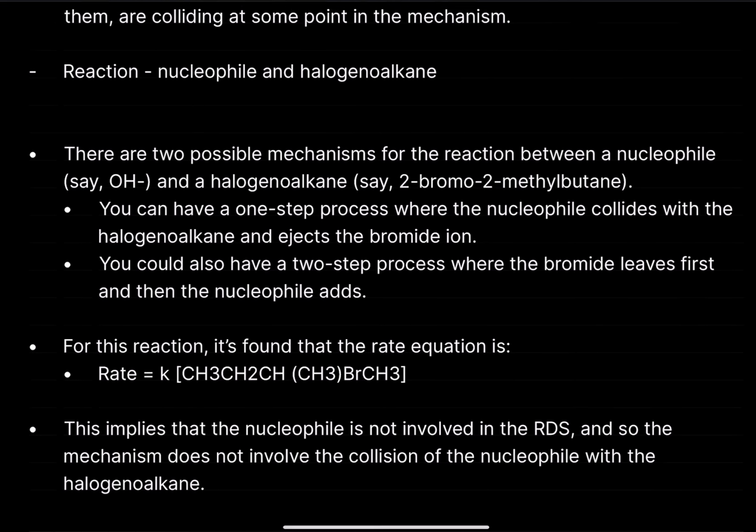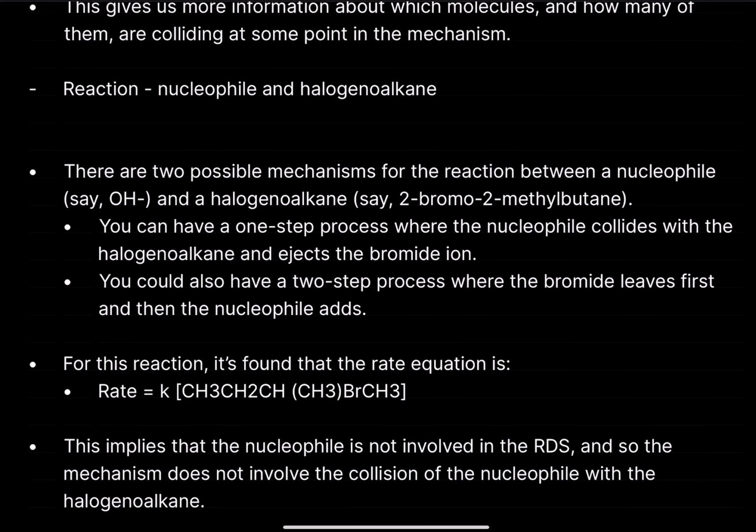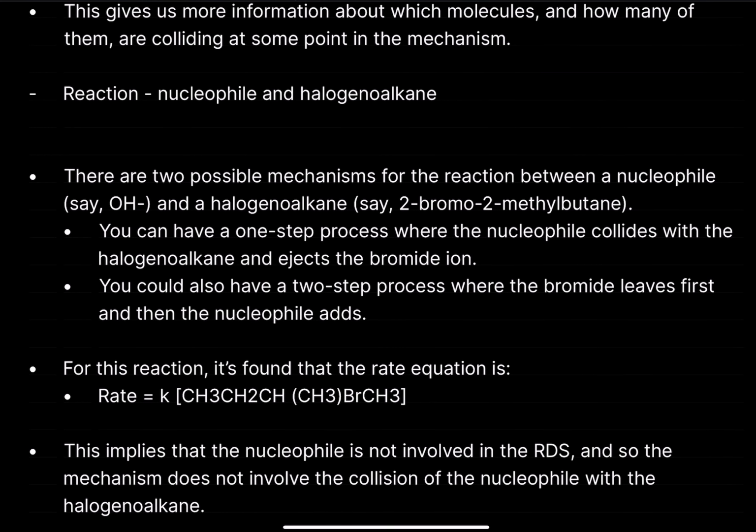It doesn't matter how much we increase or decrease the concentration of hydroxide ions. It would have no effect on the rate of our reaction because it's not involved in the rate determining step. And that's all it means.